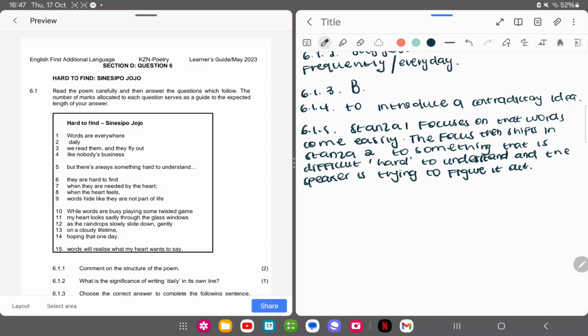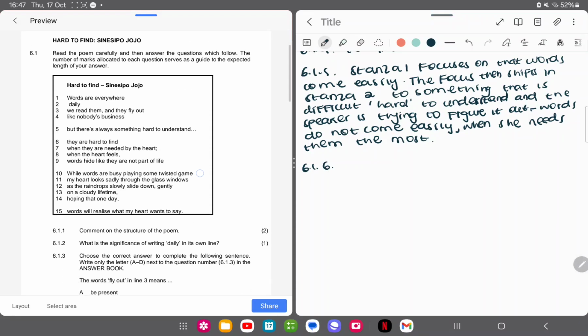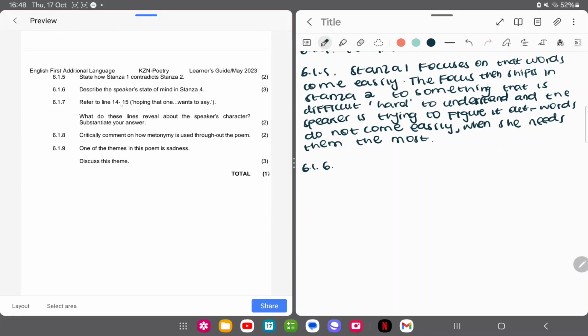We can say that this is because words do not come easily when she needs them the most. Right. So let's move on to the next question. 6.1.6. It says, describe the speaker's state of mind in stanza 4.